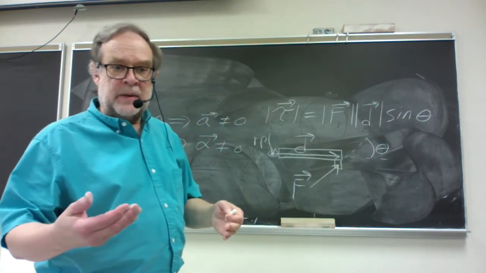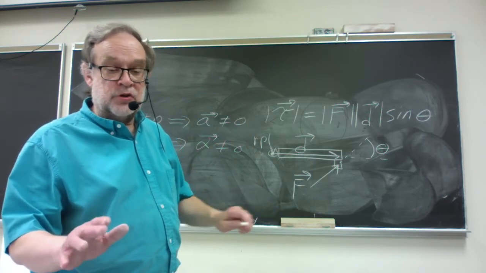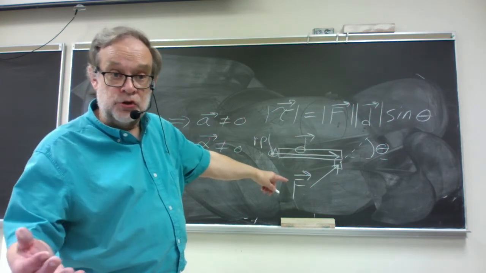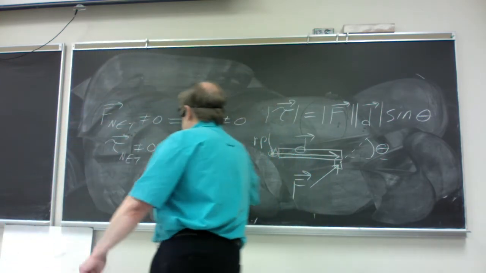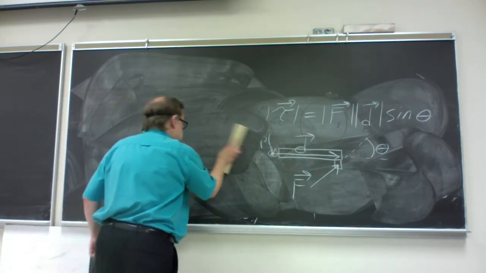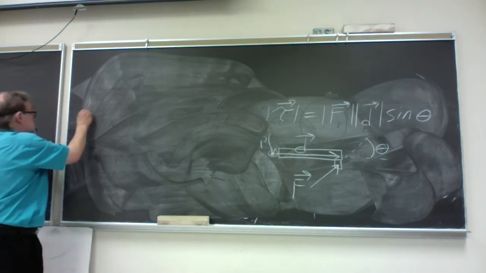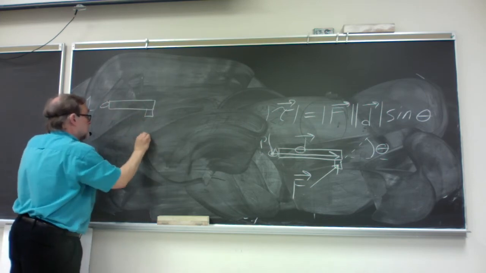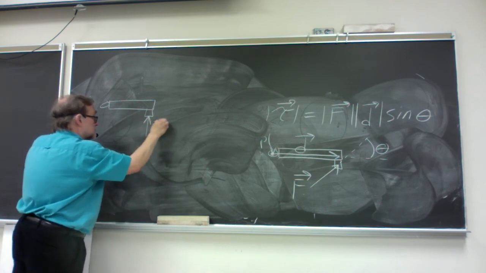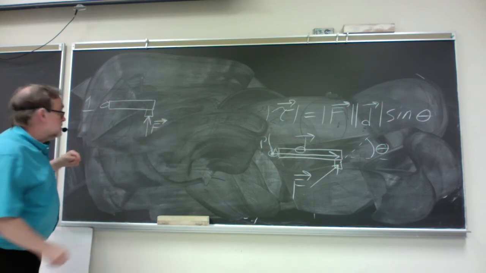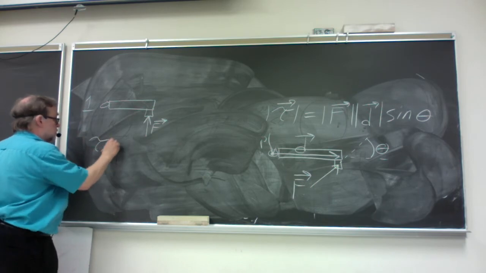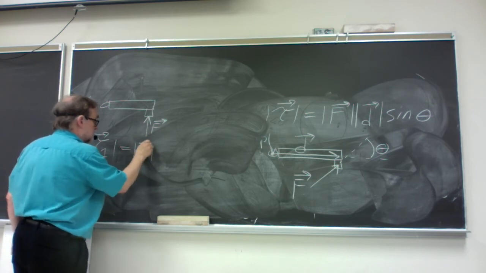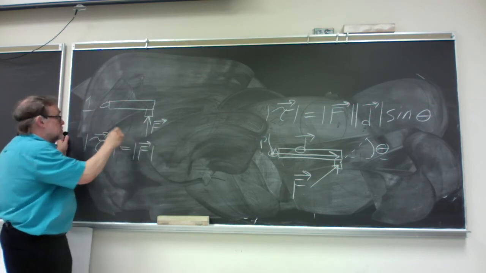So let's compare some different torques by applying this force differently to the door. First case, we'll just open the door normally, apply the force right there. So in this case, the magnitude of torque in the first case is just the magnitude of that force times the magnitude of the displacement vector.